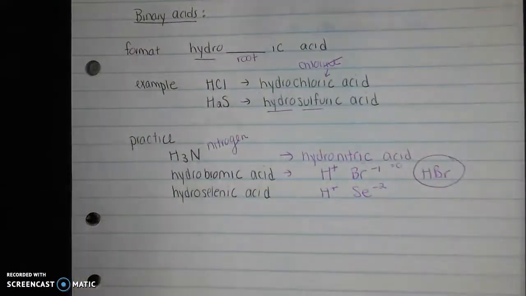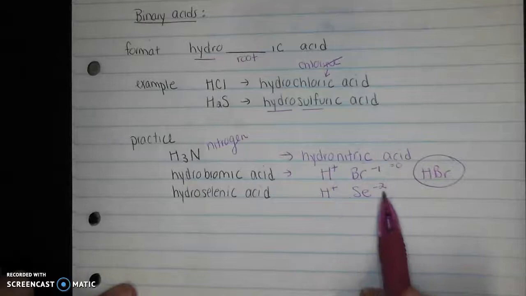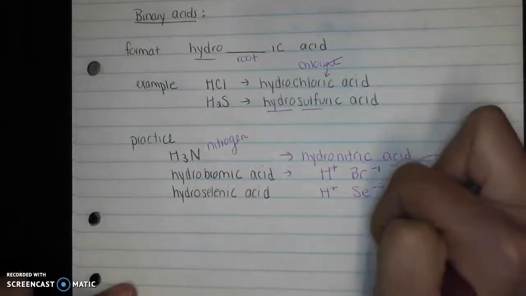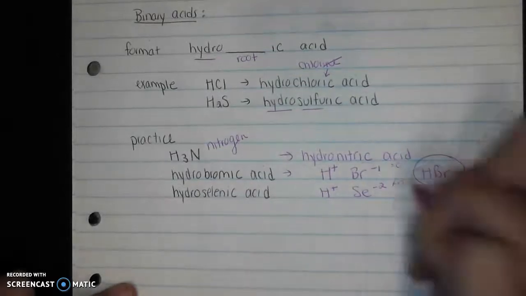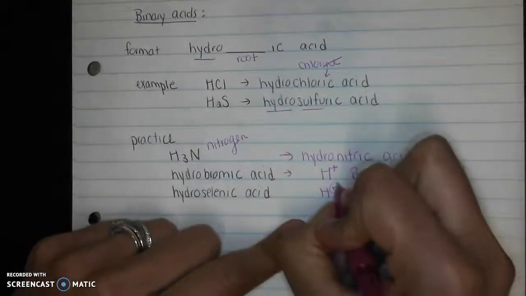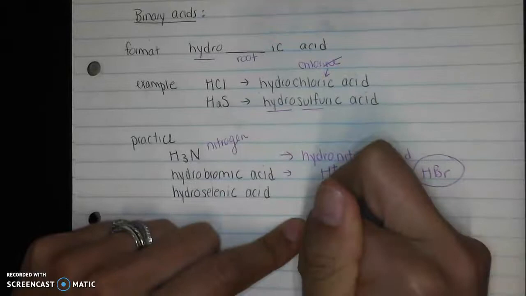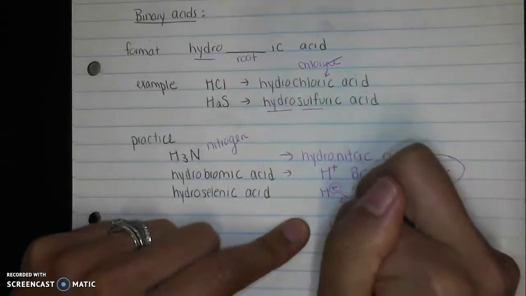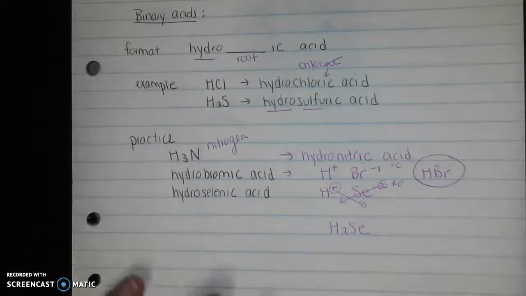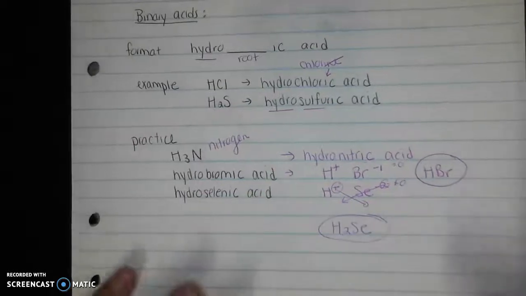Well, because it has a -2 charge, when we add up a +1 and a -2, we don't get 0. So we have to make it neutral, and we do that by crisscrossing, just like we did for ionic compounds. So we have H2Se. That right there is hydroselenic acid.